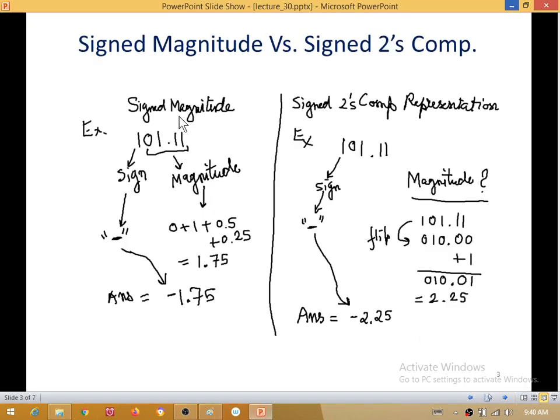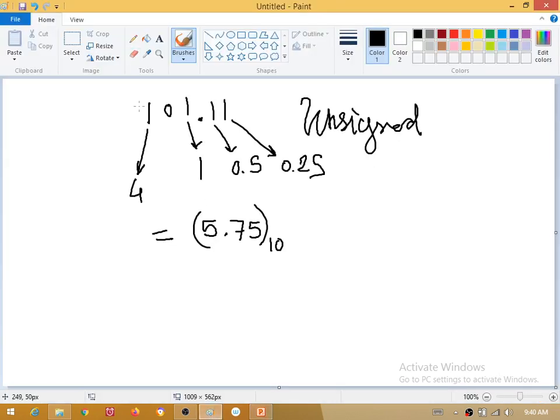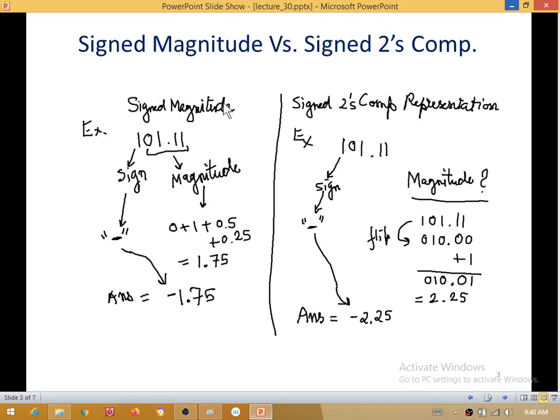So for example, the same number that we had earlier, 101.11, if we take a look at the signed magnitude representation, it means that the first digit that you have over here is going to represent your sign. If it is a 1, it actually means that it has a negative sign. Whatever remaining digits that you have here are basically your magnitude.